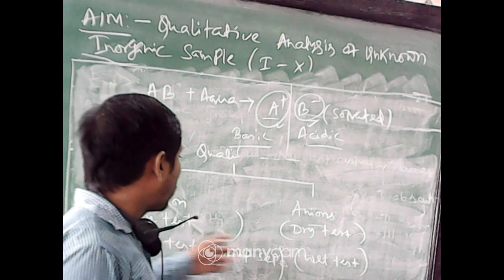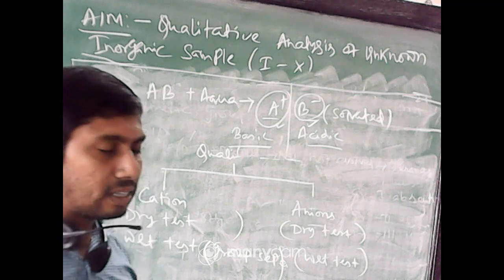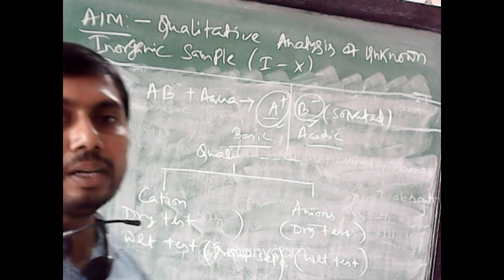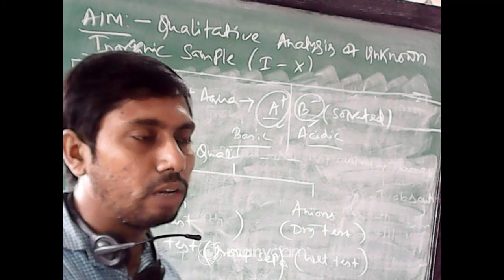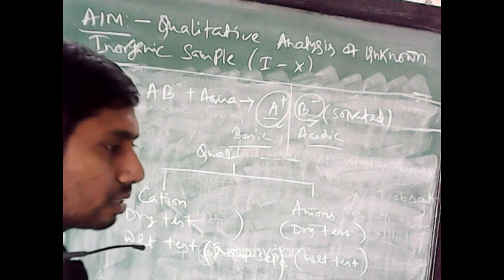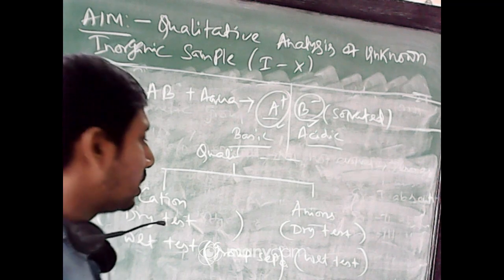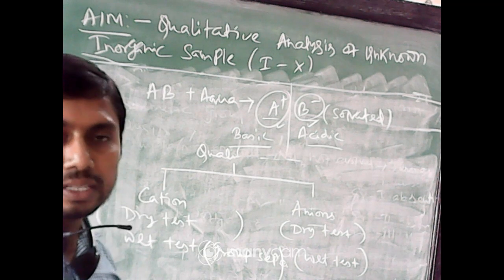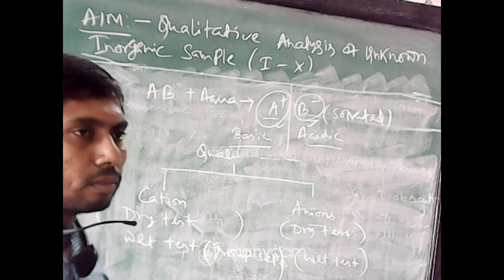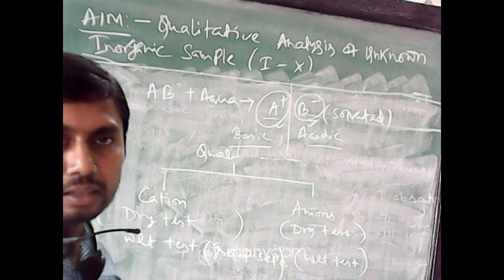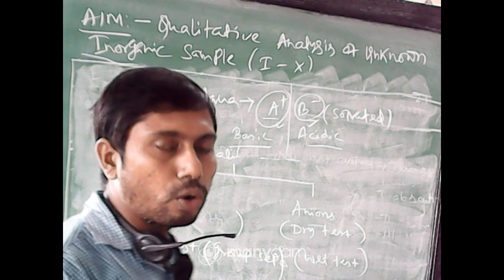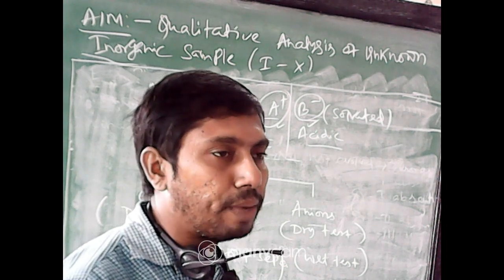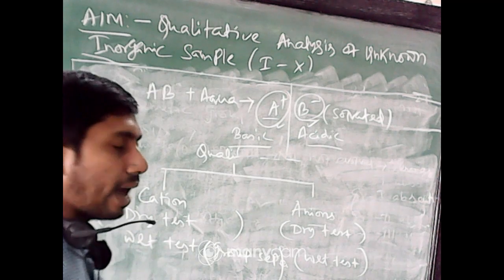Now what is the importance of the dry test? The dry test gives you a preliminary idea. When you look at the observation and inference of the dry test, you can see it is a maybe type of experiment: nitrate may be present, sulfide may be present, nitrite may be present, chloride may be present, or in case of basic radical, suppose iron may be present.